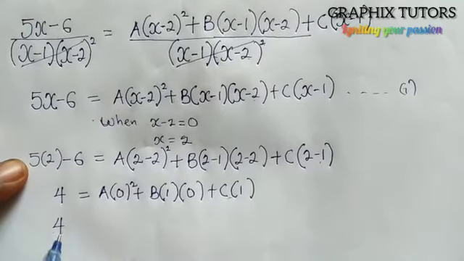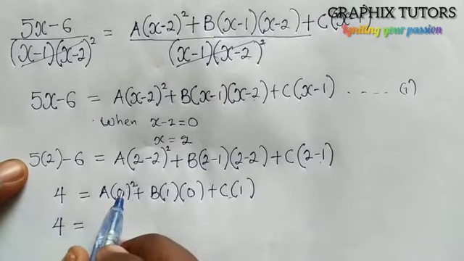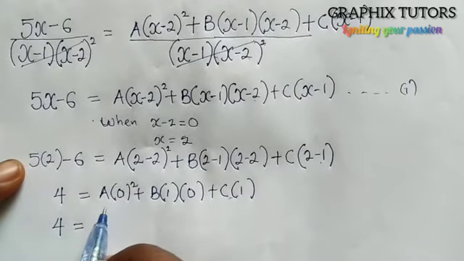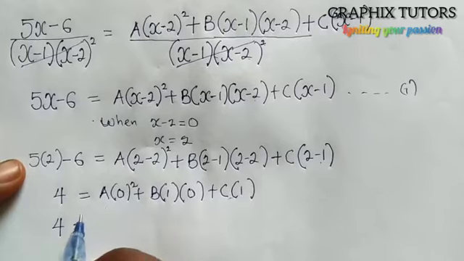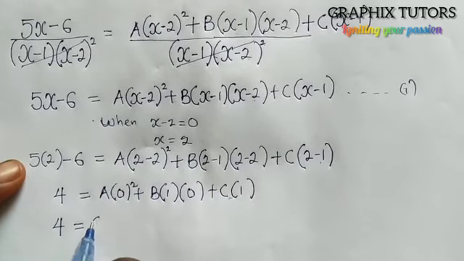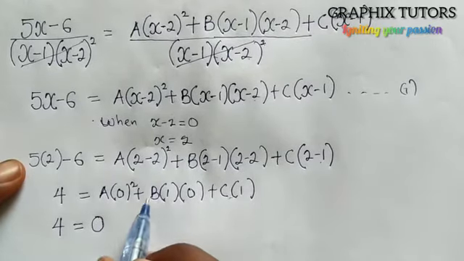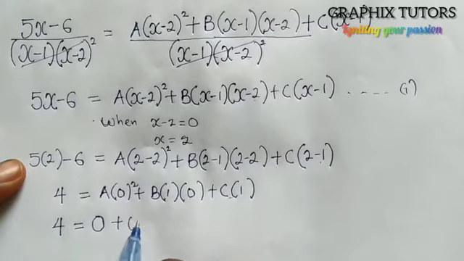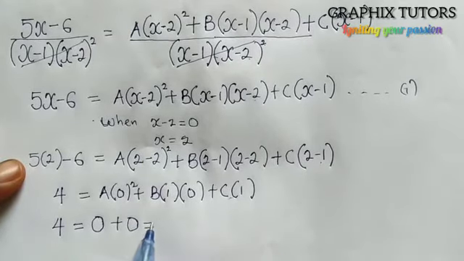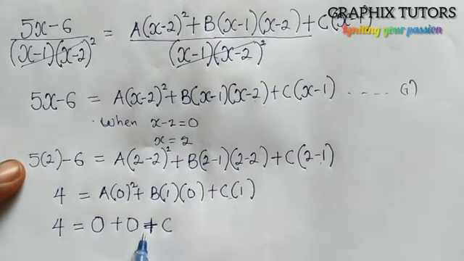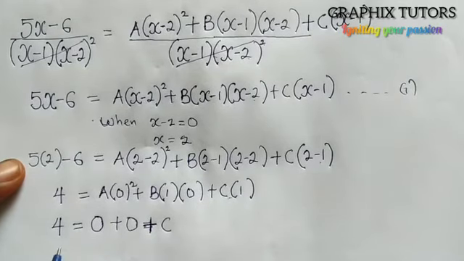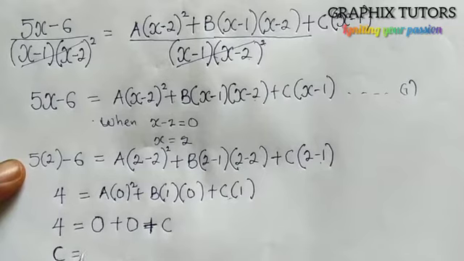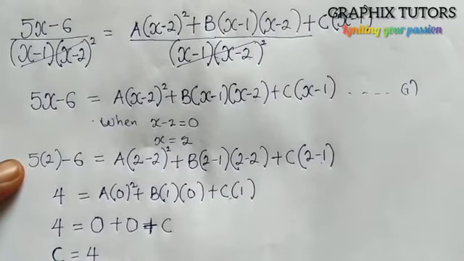So we have 4 is equals to 0 times anything is 0. 0 to the power of anything is what? 0. So we have 0 here. Then 0 times anything is what? 0. Plus 0 is equals to what? Plus 1 times C, and that is what? C. Right? So from here, C is equals to what? 4. Because 0 plus anything will give you that thing. Right?